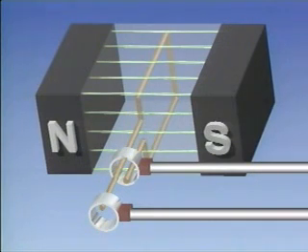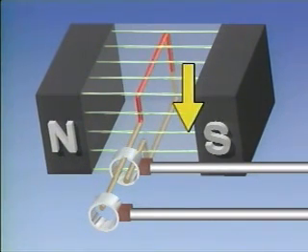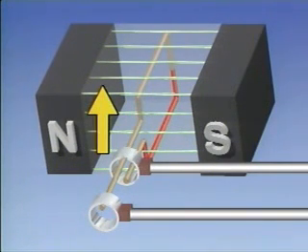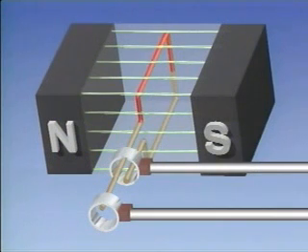As the conductor starts to rotate, this half cuts downward across the lines of flux, and this half cuts upward. To make it easier to follow what's happening, we'll focus on one half of the conductor, the half that's moving downward. Since the conductor is cutting across the lines of flux, there is relative motion and voltage is induced.